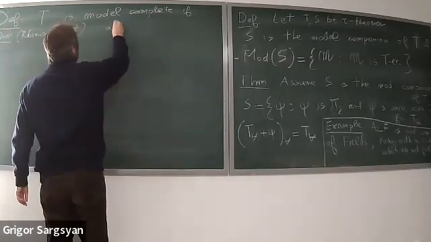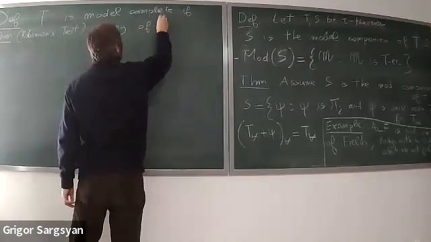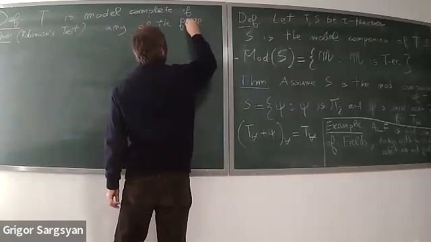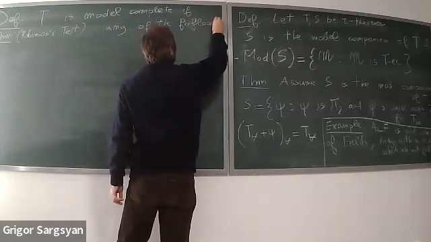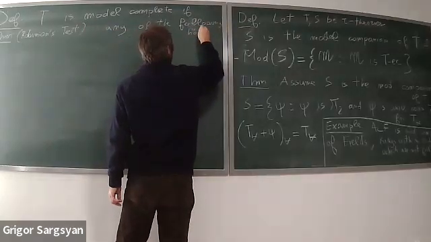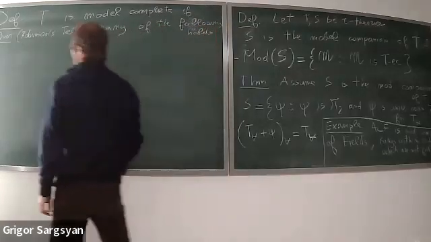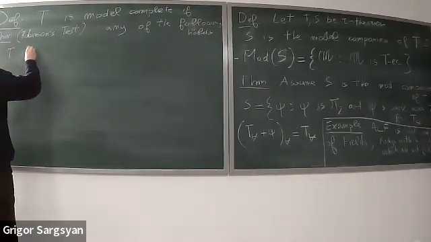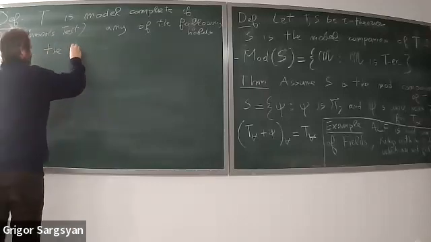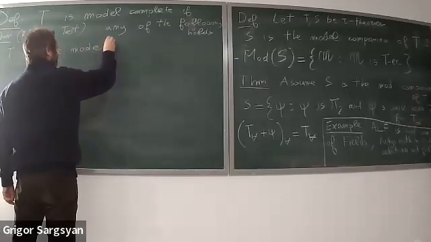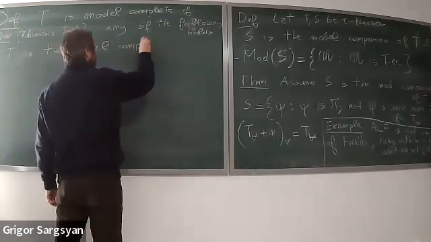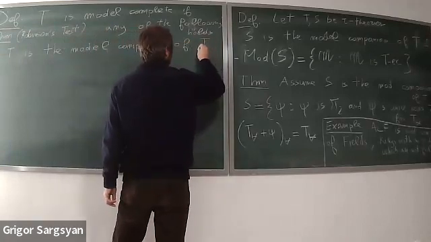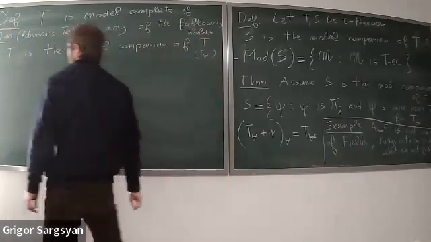T is model complete if any of the following holds. One, T is the model companion of T for all, it's the same.